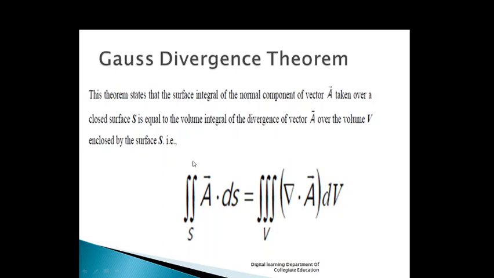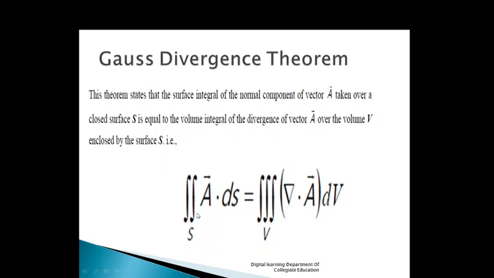Therefore, this theorem states that the surface integral of the normal component of the vector taken over the closed surface S is equal to the volume integral of the divergence of vector A over the volume V enclosed by the surface S.